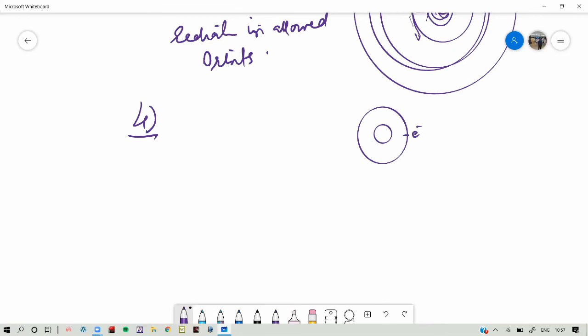So in postulate 4, Bohr proposed that electromagnetic radiation is emitted if an electron makes a transition. In the third postulate, we said that there is no emission if the electron is in a particular orbital path, but then when is it emitted?